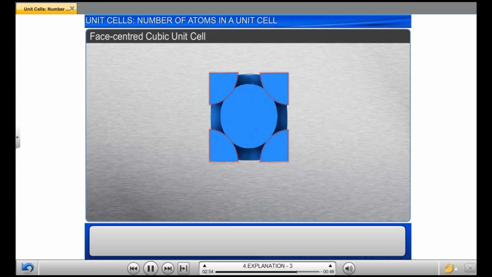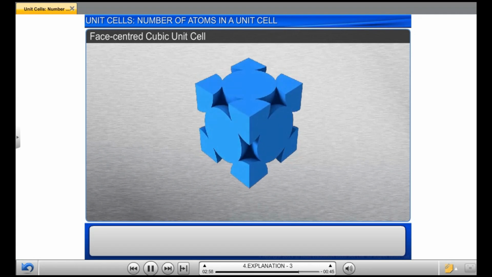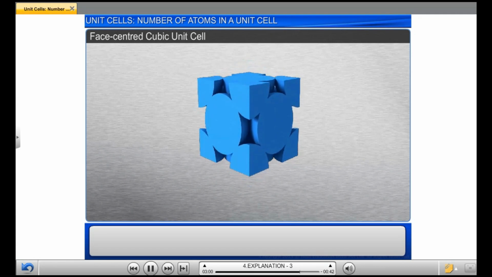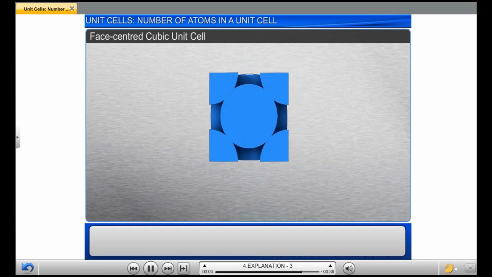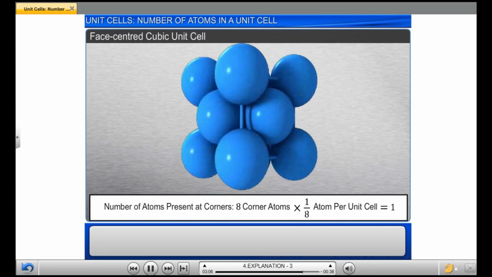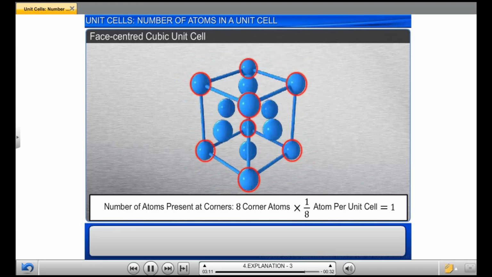In addition, there are 6 atoms at the 6 faces, which contribute half of their original volume each. The number of atoms at the corners per unit cell is equal to 8 corner atoms into 1/8 of an atom per unit cell, which is equal to 1.